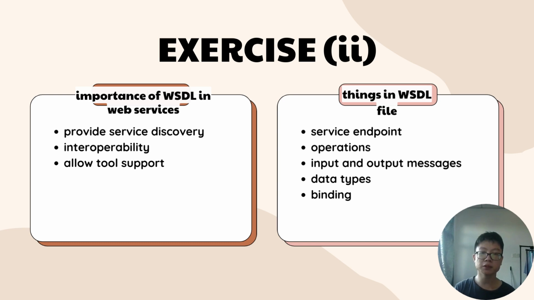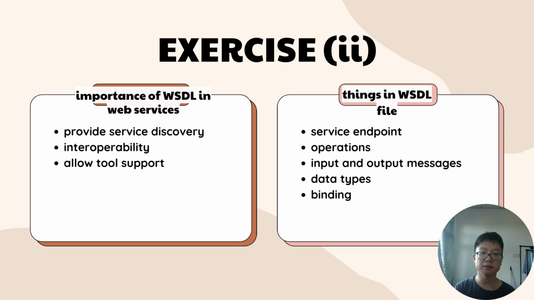Third is input and output messages. WSDL describes the structure and format of input and output messages for each operation. It defines the data elements, data types, and their organization within the messages. Fourth is data types. WSDL defines the data types used by the web service, such as primitive types and complex types.